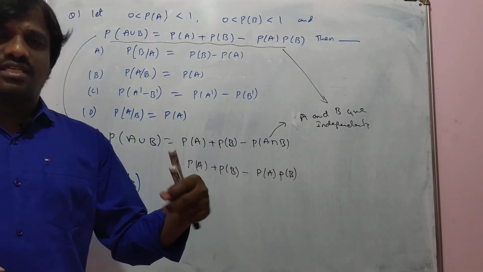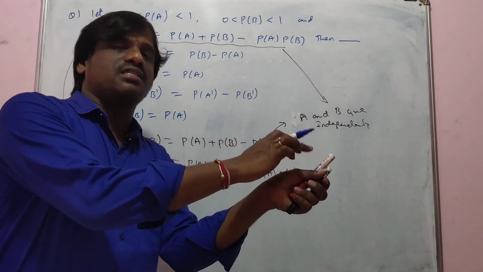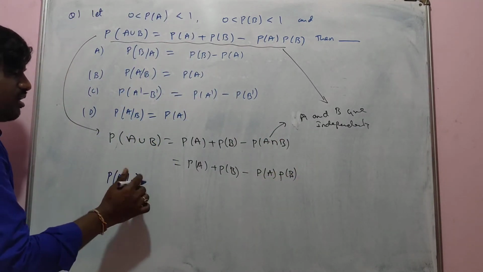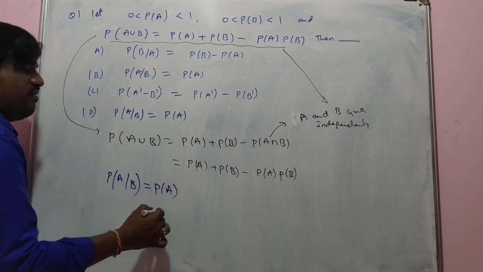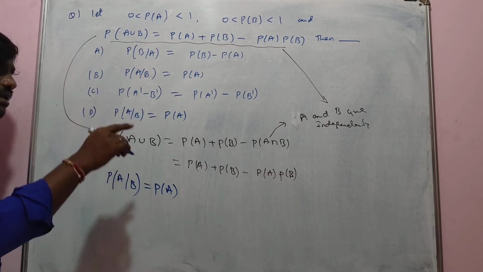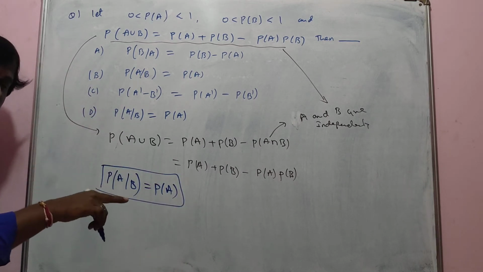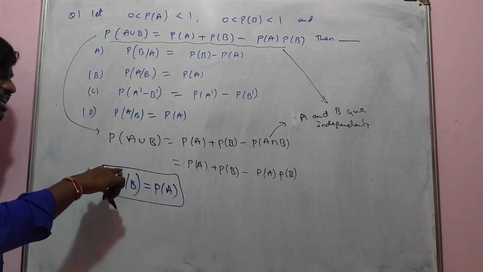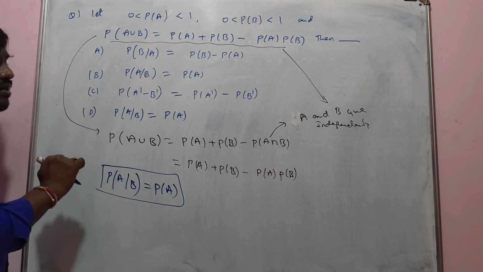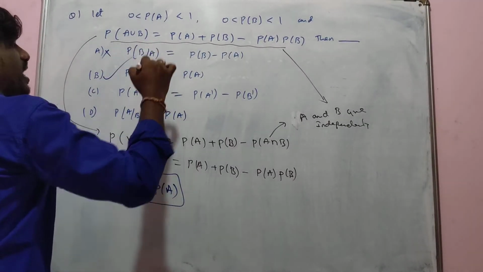If you get one head, and you toss another coin, based on this result the other result will not be affected. So the probability of A when B has already happened is the probability of A itself, because B is not going to affect event A. So option A is the wrong answer, option B is the right answer.